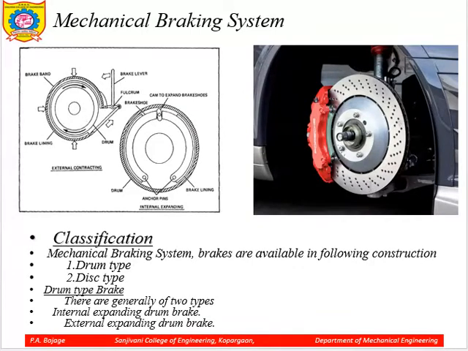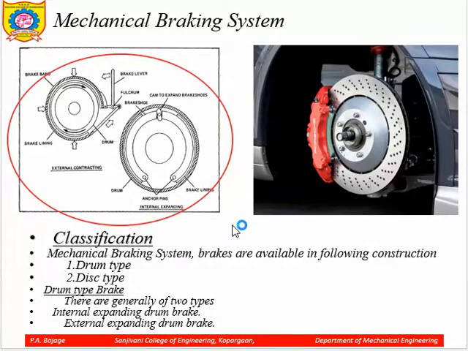So, we will first study the mechanical braking system. Now, what is actually present in a mechanical braking system? In a mechanical braking system, you have 3-4 main components. First is the brake drum, then you have the brake liners, and you have the actuators, what we also call the brake lever.